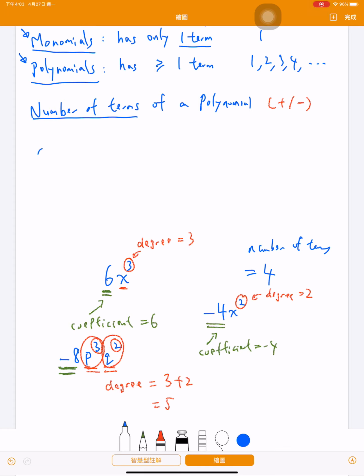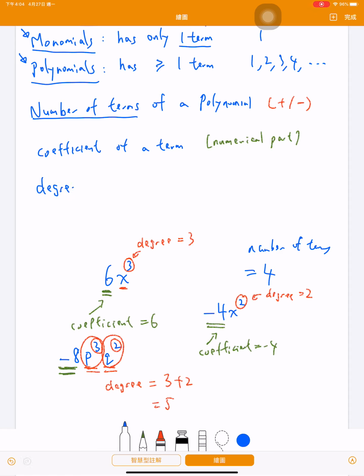For the coefficient of a term, when we consider the coefficient, in fact it means the numerical part. That means here just the number, not consisting of any variable x, y, z.